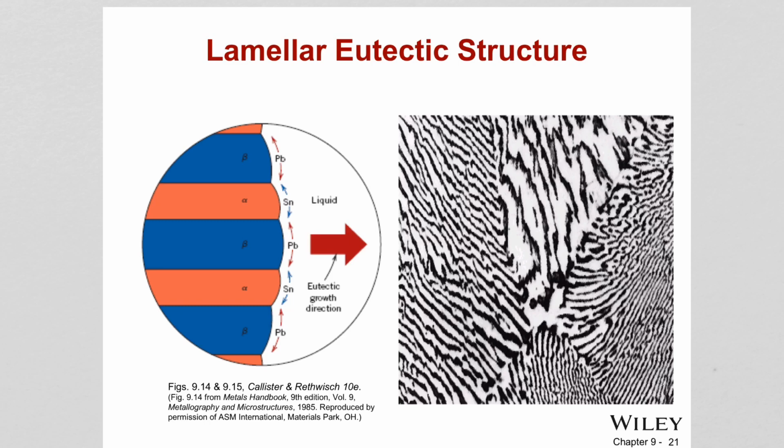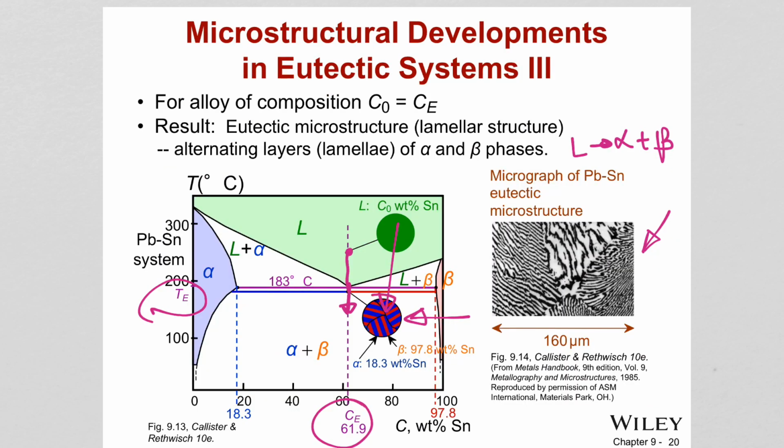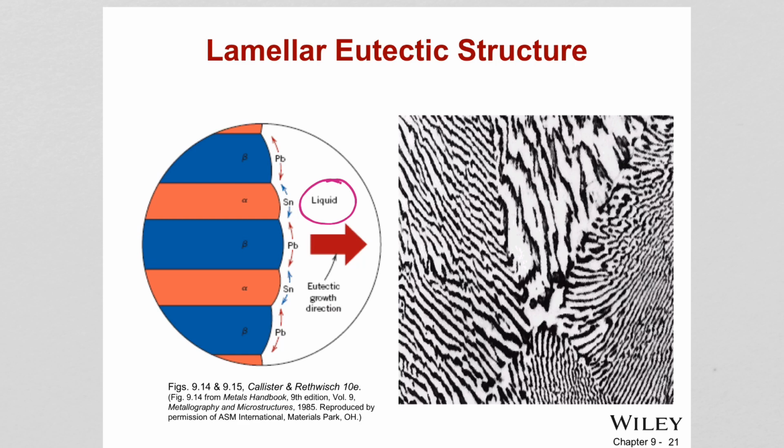This is just an illustration of how the solid eutectic structure forms from the liquid. Of course, the solid particles will start to form within the liquid, and remember the beta phase is rich in tin, whereas the alpha phase is rich in lead. As it grows, tin is flowing to the beta phase and lead is flowing to the alpha phase, and it keeps growing.